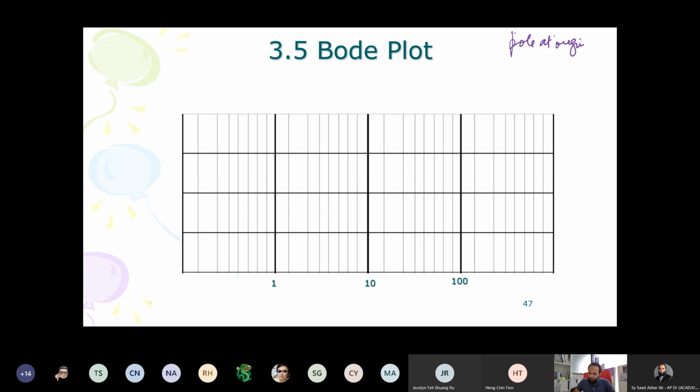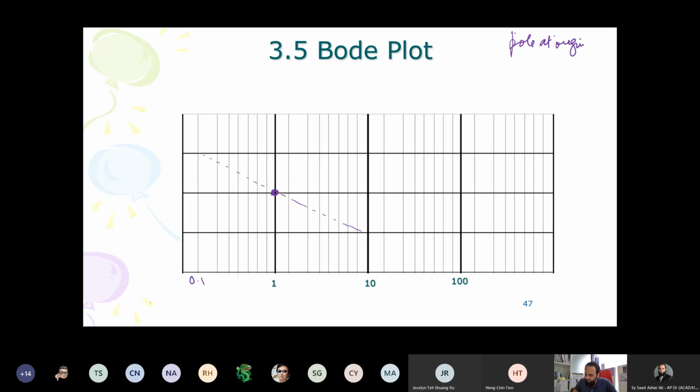How do we plot a pole at origin? That we center it at 1. Can you see it? And we go 20 dB plus minus. So let's assume that this is 0.1 and this is 10. Like this. Is that okay?